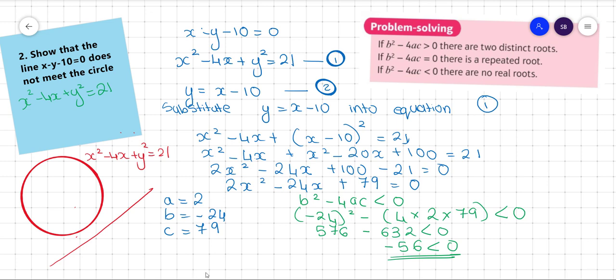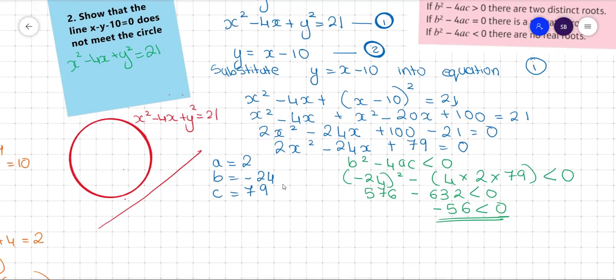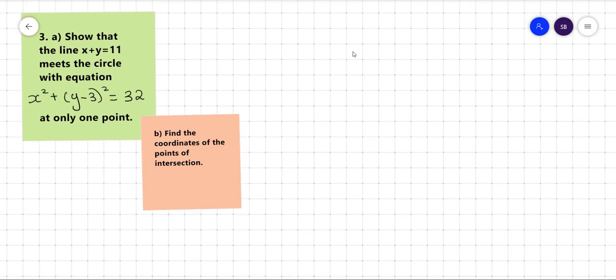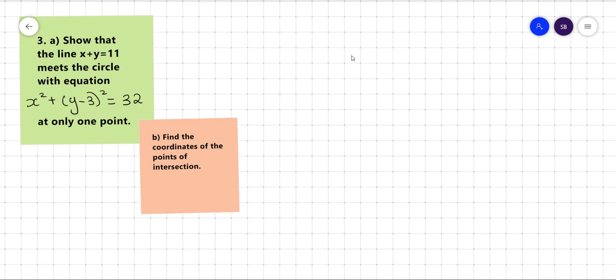Okay. Now lastly, we'll move on to the last question. Here, third one, show that the line x plus y is equal to 11 meets the circle with equation x squared plus (y minus 3) whole thing squared is equal to 32 at only one point.